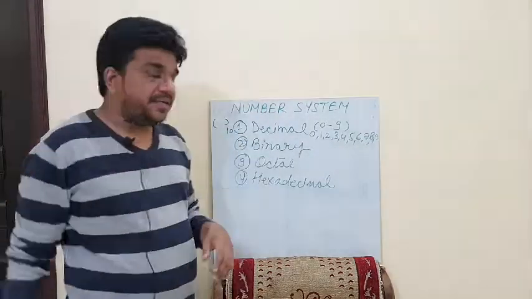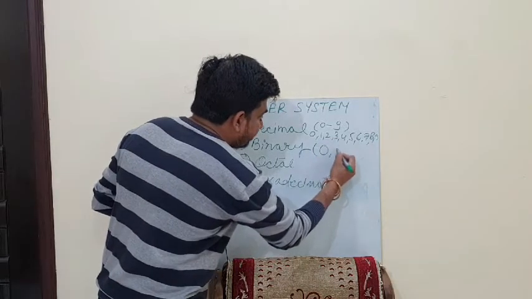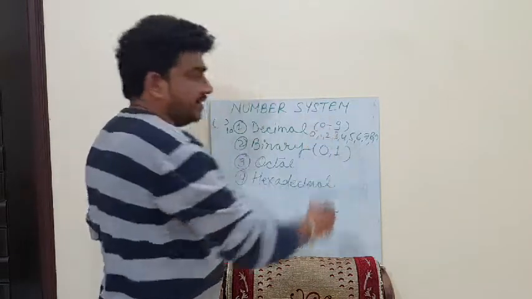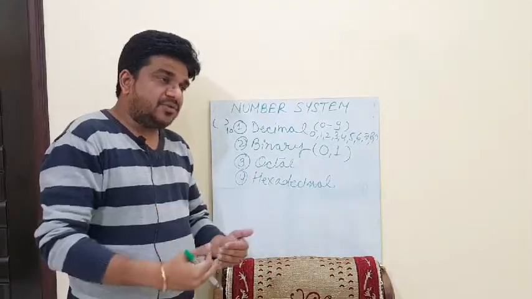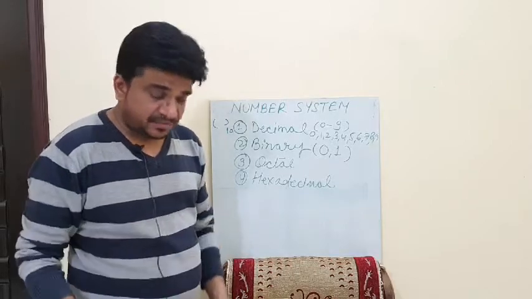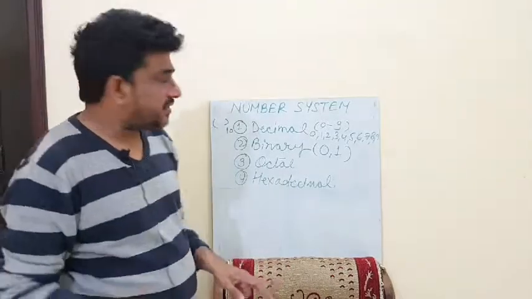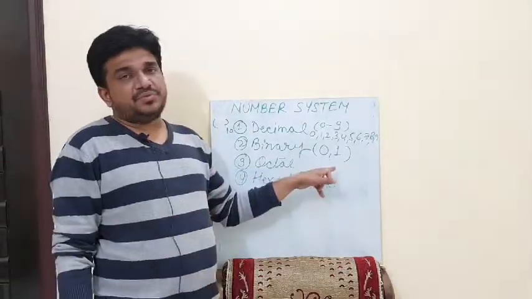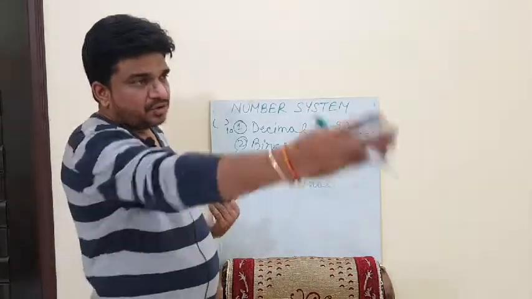Second is the binary number system. Binary numbers are represented with the help of 0 and 1. You have only two choices. You have to use only zeros or ones to represent any number, whether it's a small number, a big number, or a very big number. If you want to represent a long number, you have to use a long chain of zeros and ones.